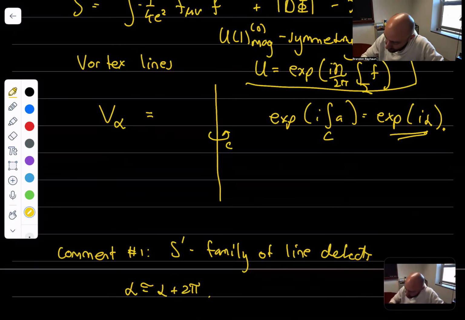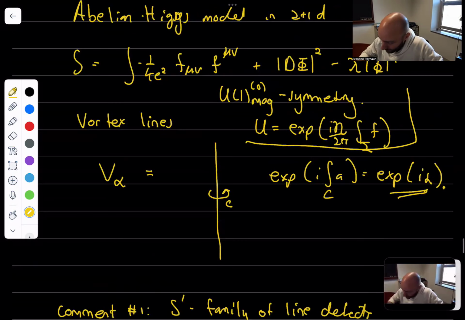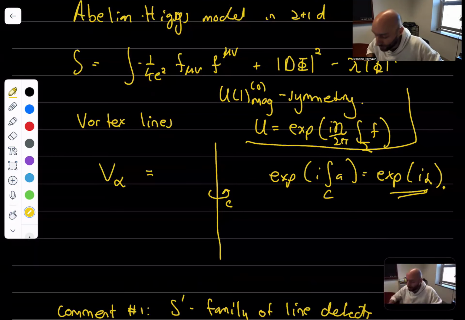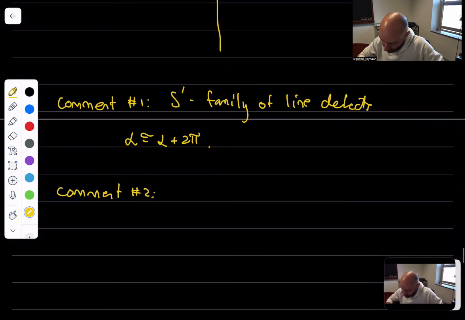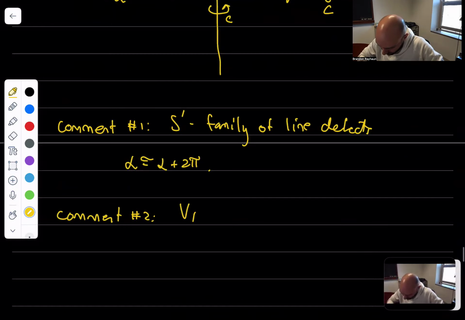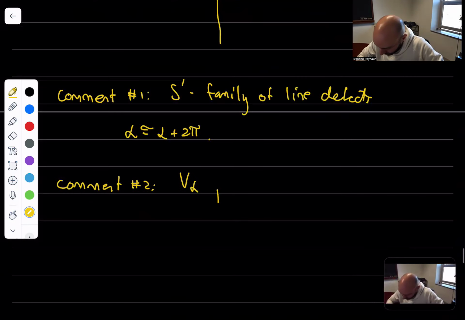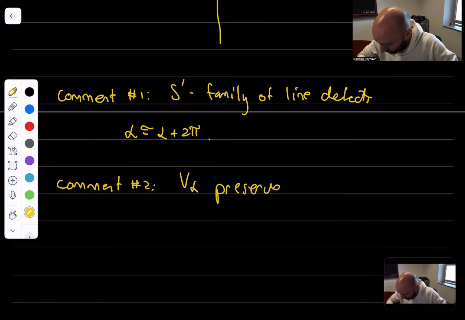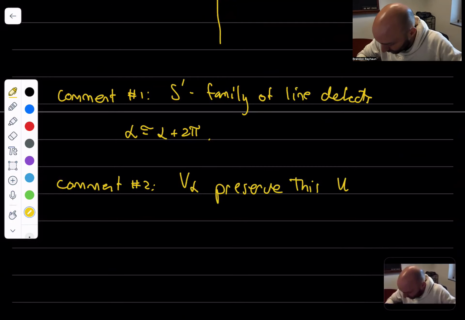So this is basically a canonical U1 symmetry in any abelian gauge theory that doesn't have dynamical magnetic monopoles. And it turns out that each of these line defects V alpha preserve this U1 magnetic.